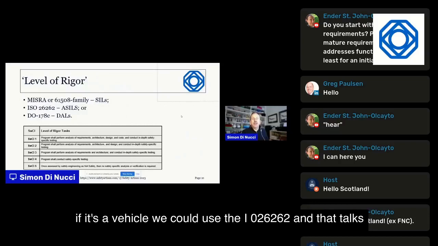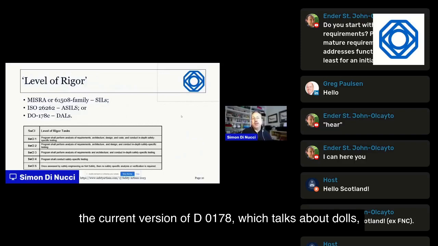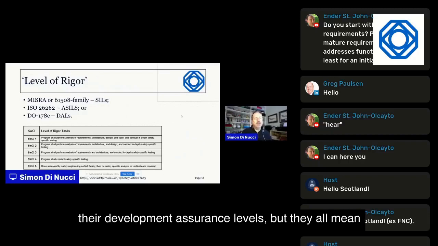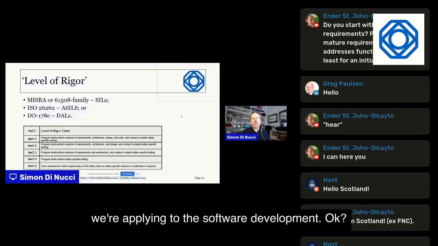If it's a vehicle, we could use ISO 26262, and that talks about ASILs, or automotive SILs, or indeed we could use the current version of DO-178, which talks about DALs, their development assurance levels. But they all mean the same thing. It's the level of rigor that we're applying to the software development.